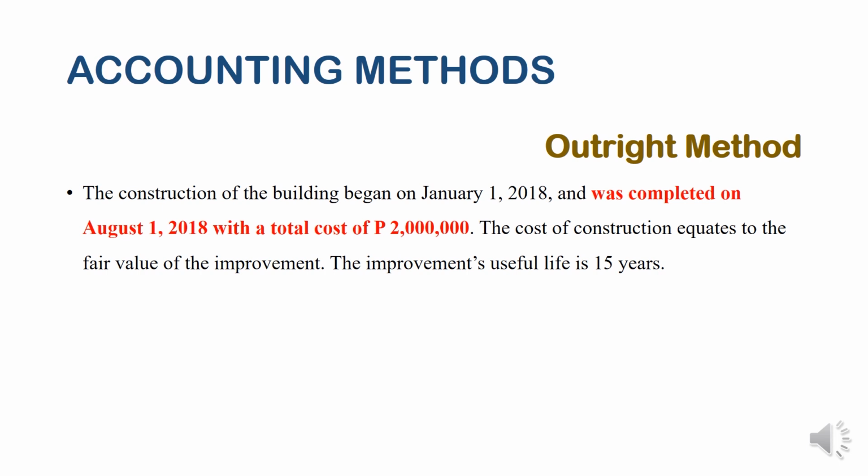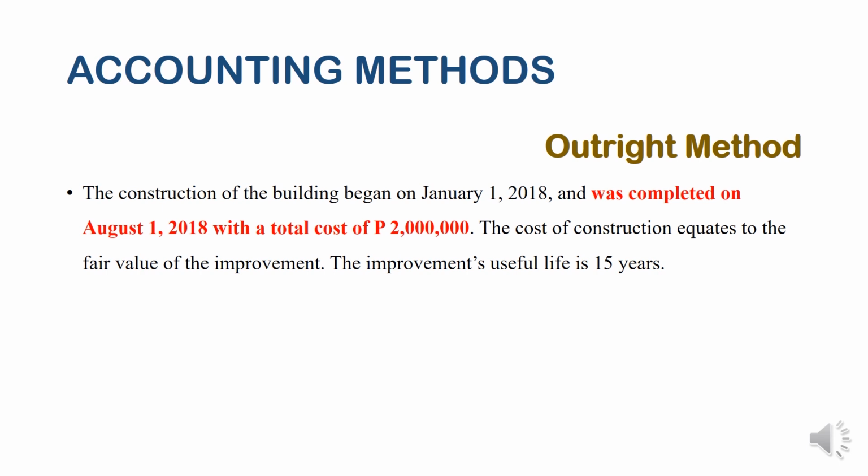So Miguel, the lessor, entered into a lease agreement with Luigi, the lessee, for a period of 10 years. The lease contract is effective for 10 years. And then Luigi, the lessee, will pay a security deposit of 150,000 pesos, and then 50,000 pesos as the first year's or the annual lease fee.